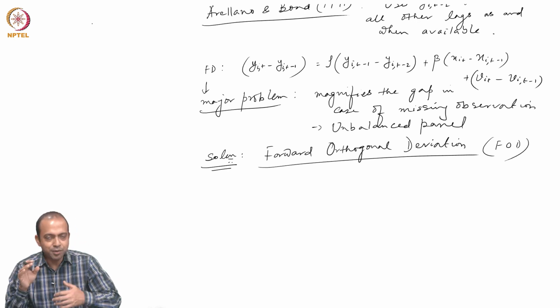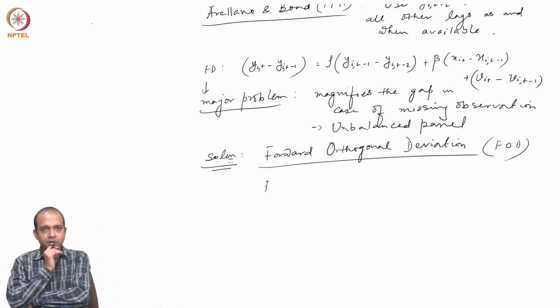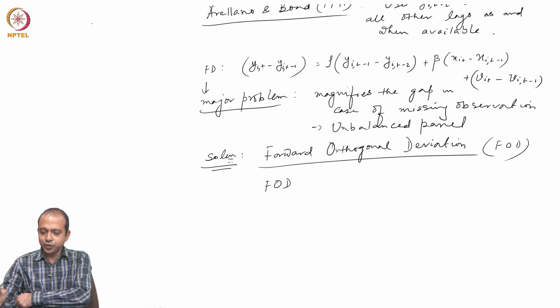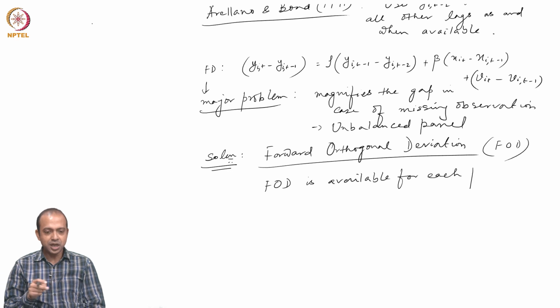So, that means we can minimize the loss in data to a large extent if we go by FOD transformation in case of unbalanced panel. If the panel is balanced, then both FD and FOD will produce the same result and our FD transformation will work.